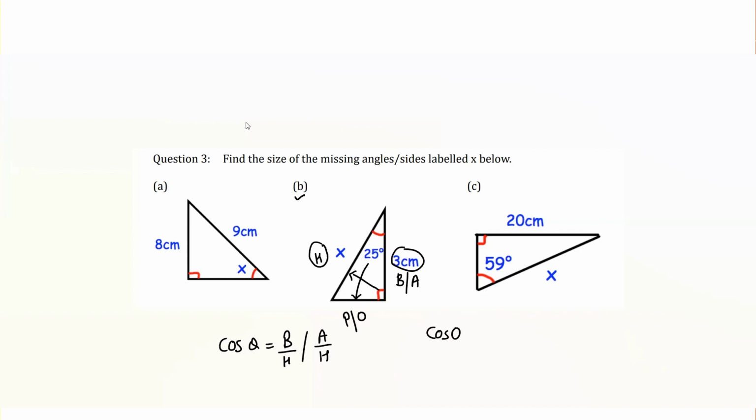So cos theta is equal to, what is the value of B or A? It is 3, over H which is x. Now the value of theta is also given. So in place of theta, we'll write cos 25 degree is equal to 3 over x. Now it is a linear equation, and we have to solve it. Cos 25 degree is equal to 3 over x.